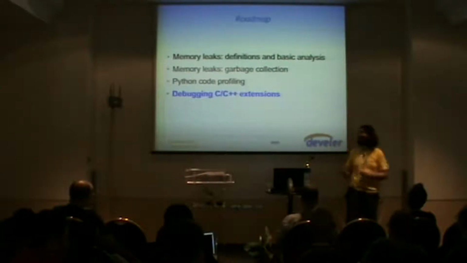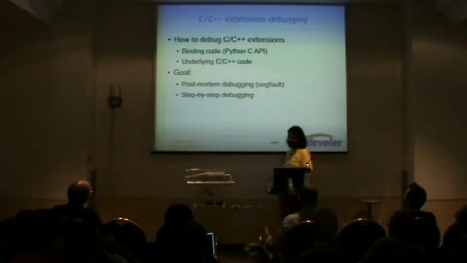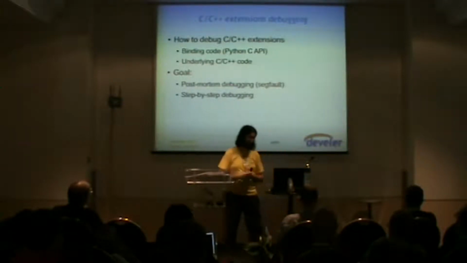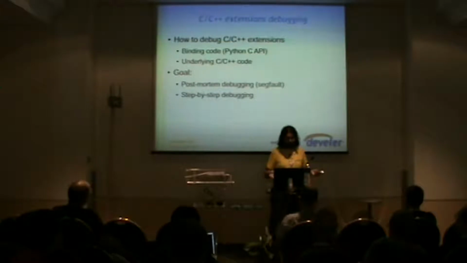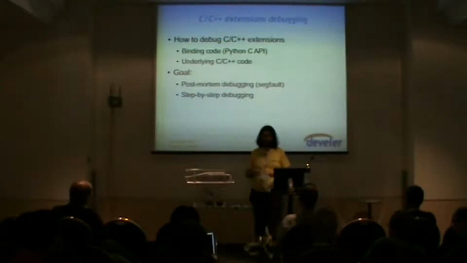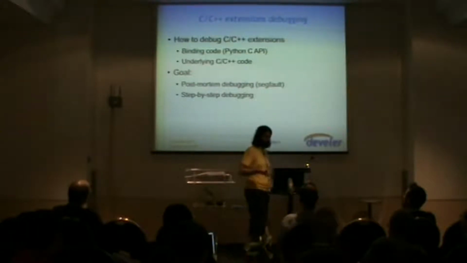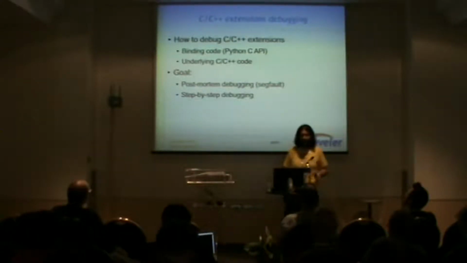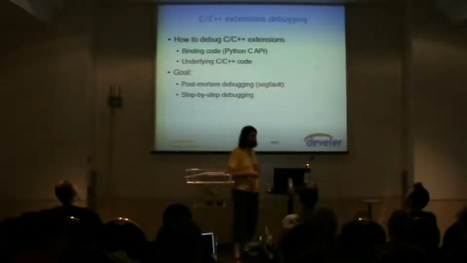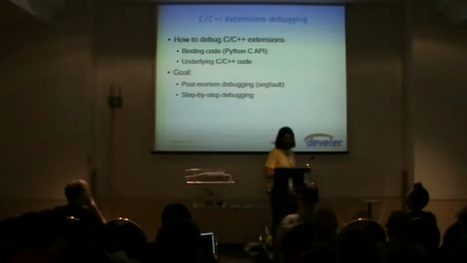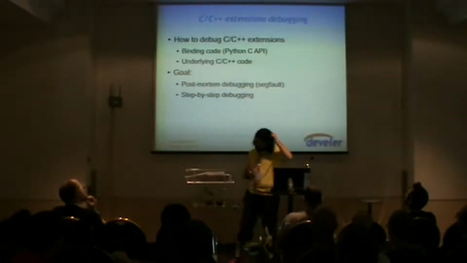Thank you, Ian. Okay, last topic for today: how to debug C++ extensions. There is a nice answer to this question, which is by using a debugger, which is true, but it's not that easy to do, especially on Windows.